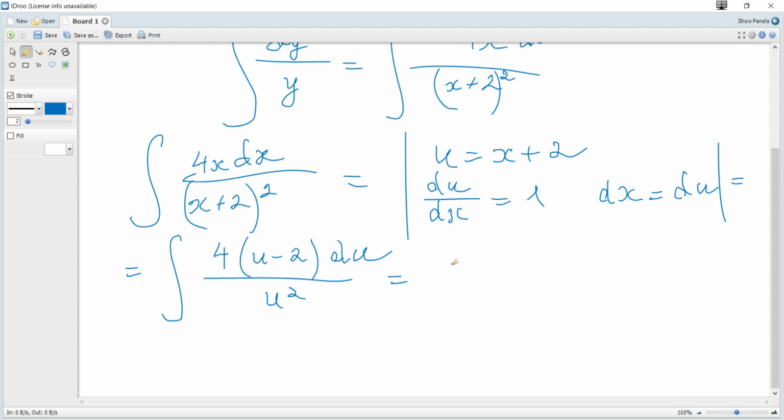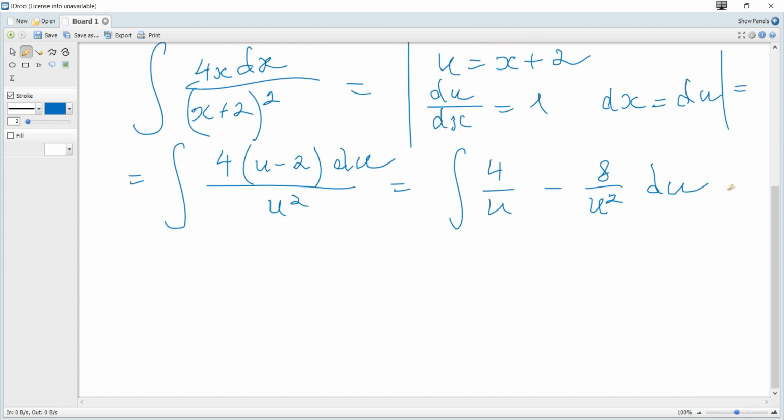And now we can split it into two fractions. It becomes 4u over u², it's 4/u - 8/u² du.